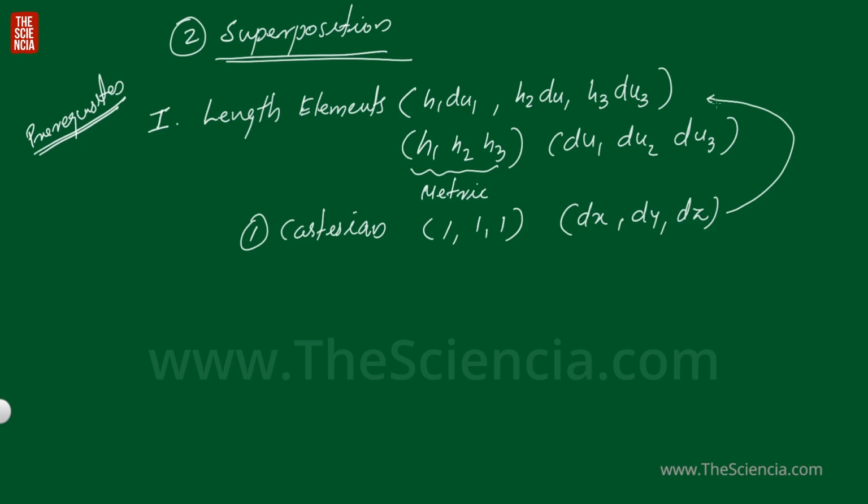See, this one is the equation for the length element. So what we get is the length elements: 1 into dx, 1 into dy, 1 into dz. That is dx, dy, dz itself.